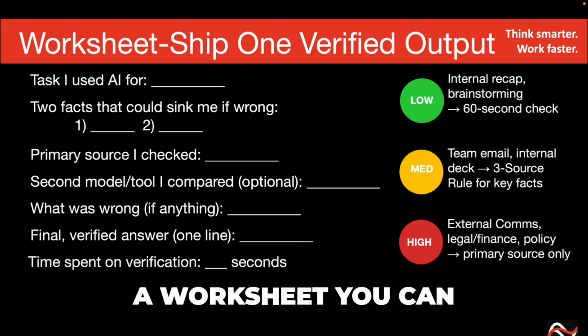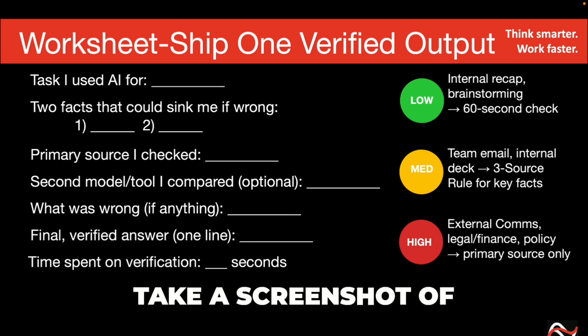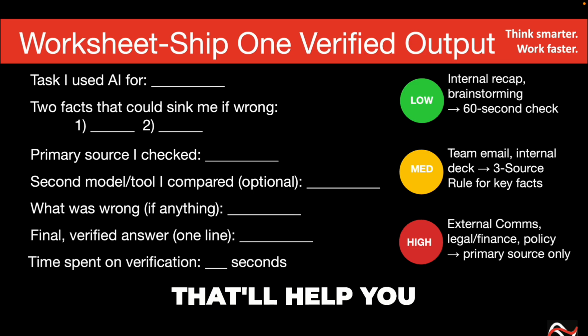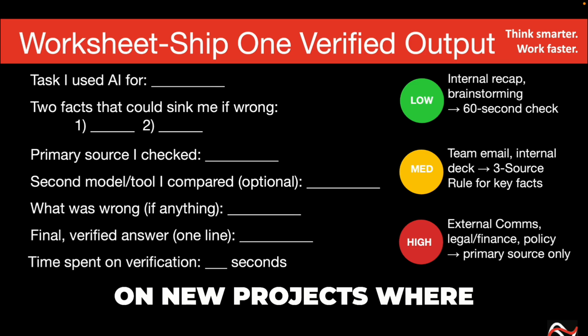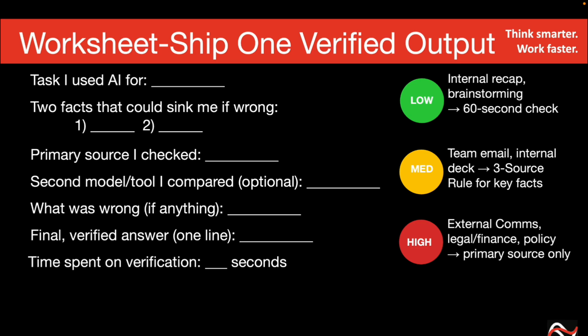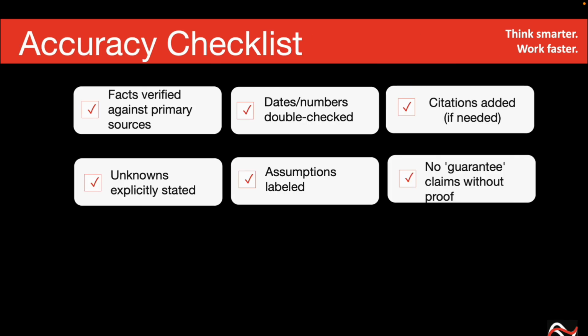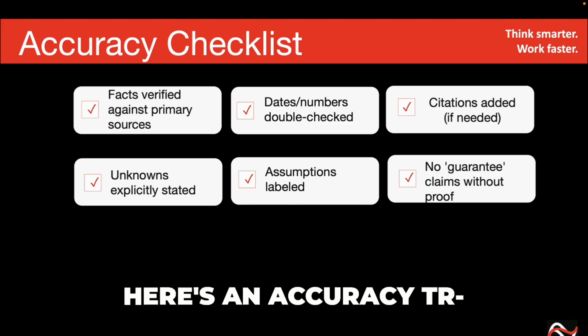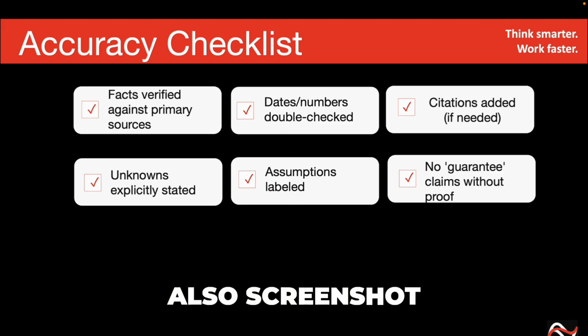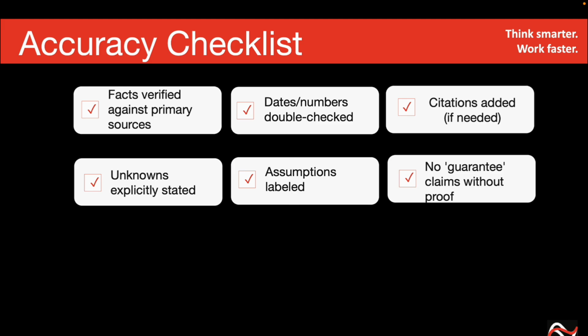Here's a worksheet you can take a screenshot of and use going forward that'll help you on new projects where you need AI assistance. Here's an accuracy checklist that you can also screenshot for future work.